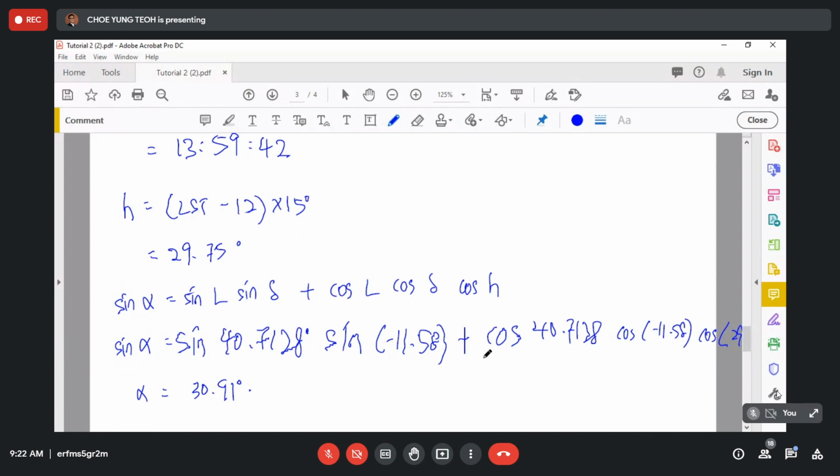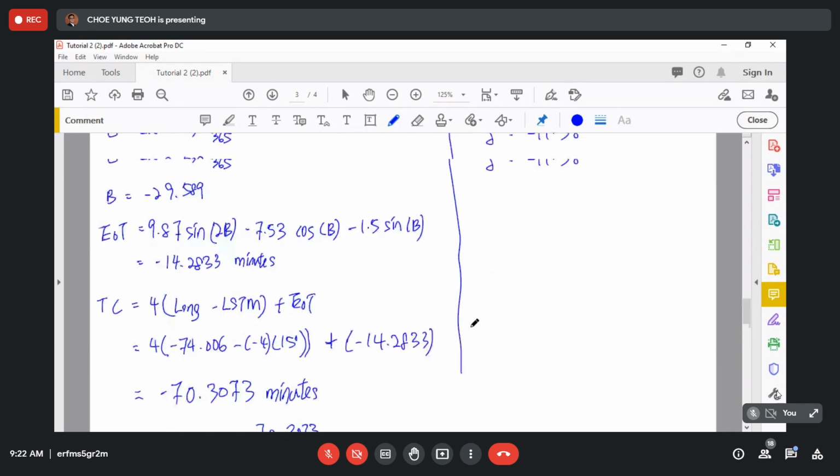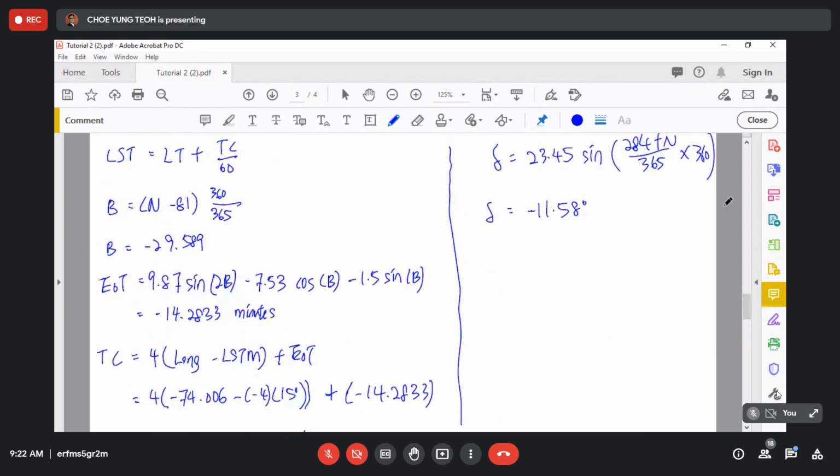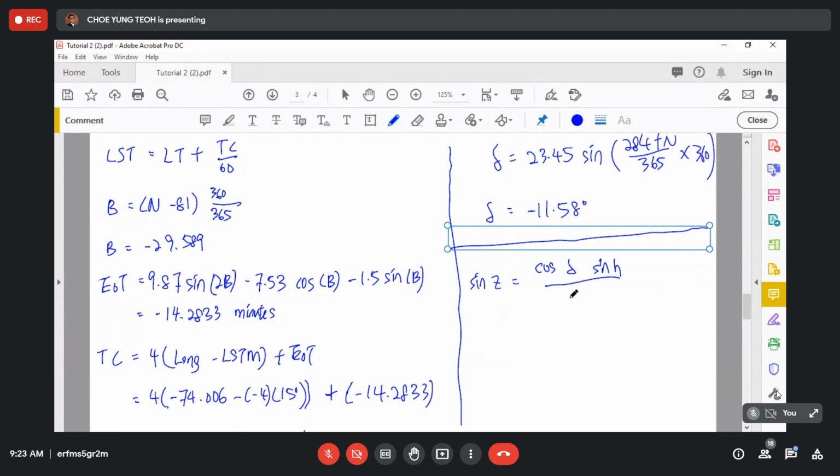Okay, good. So once you get alpha, then the next step is to find the Z azimuth angle. We have all the information already.